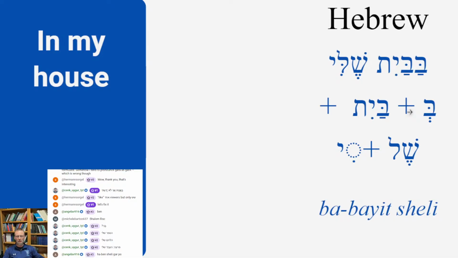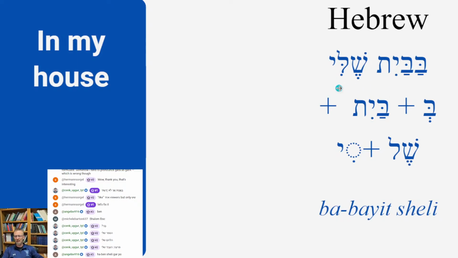But when you combine a preposition like ba and the definite article follows it, bi ha just becomes ba, like we have up here. So we've got the ba from the preposition, but the ah from the definite article. And that means in the. Ba bayit. In the house.